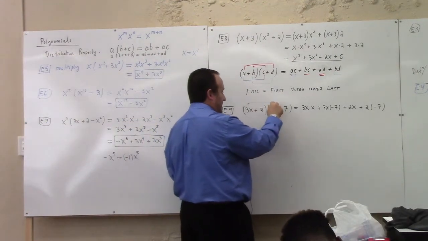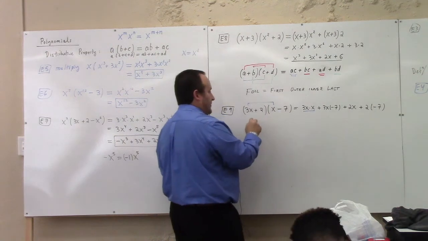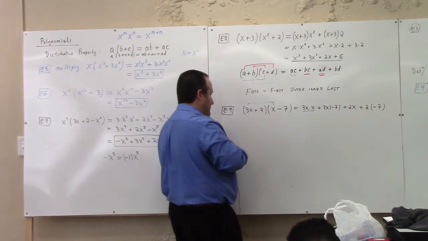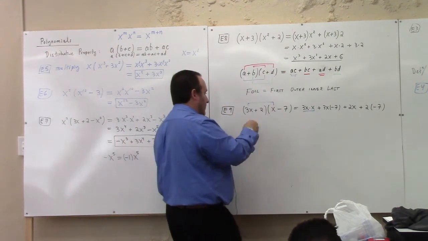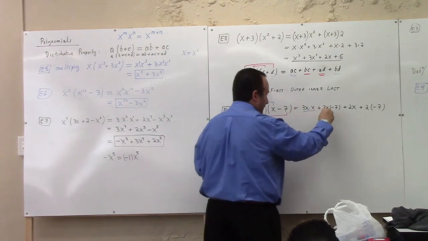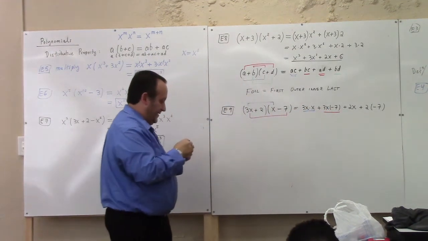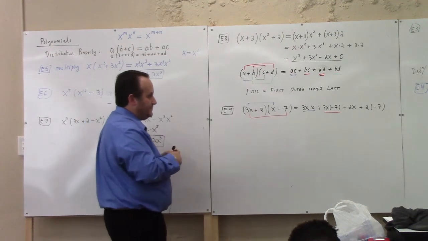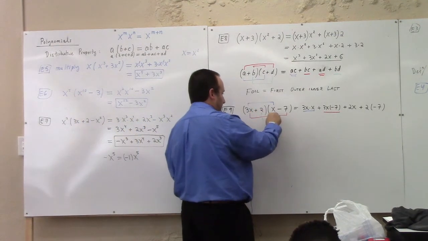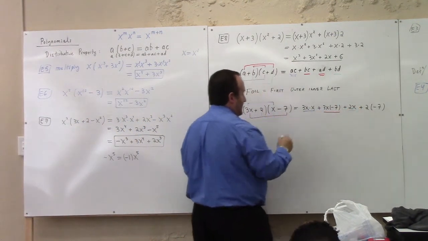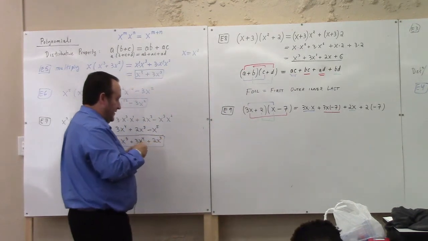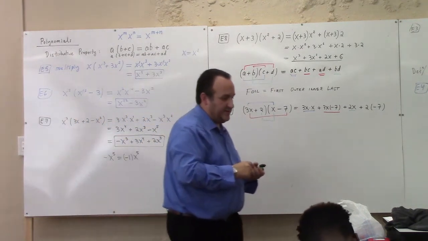I'm doing this times this to give me that, this times that to give me that, this times this to give me this. And finally, last but not least, I'm doing 2 times minus 7 to give me the last term.